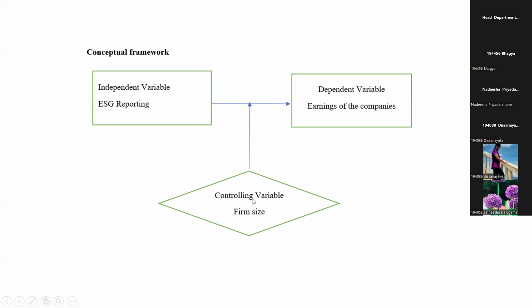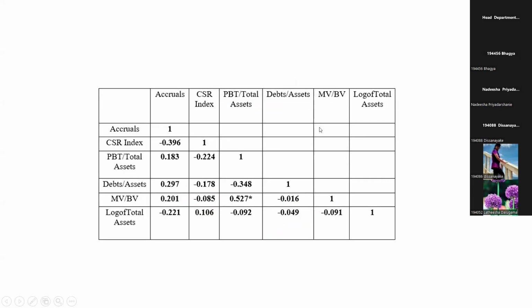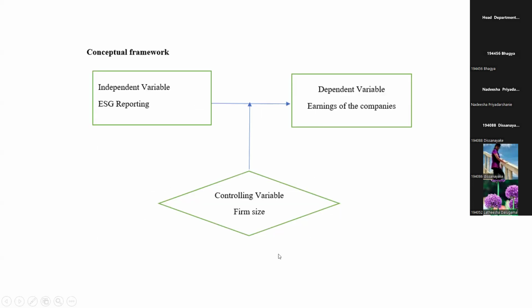We should present control variables so that they directly link to the dependent variable. It should directly link to the dependent variable. It should not link to the arrow, the relationship between these two.